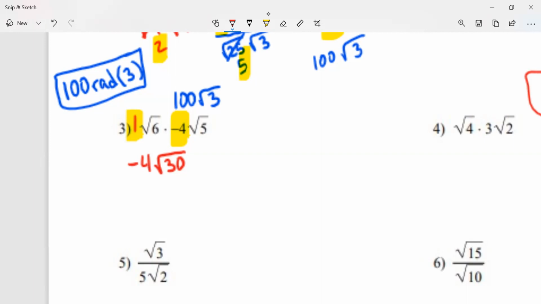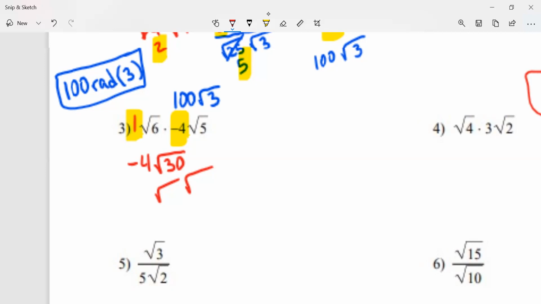Remember, I have to split it into two radicals. So for me to simplify radical 30, I have to split it into two numbers that multiplied equal 30. But one of them has to be a perfect square. In this case, I cannot, because I can think of 6 times 5, but neither the 6 nor the 5 are perfect squares.